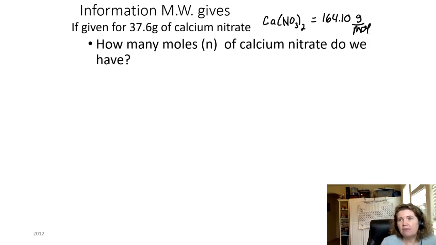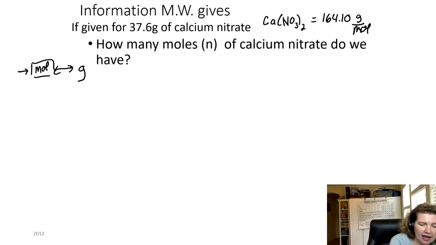So first, how many moles do I have? I'm going to look at my mole bridge. The concept is that my mole is in the middle, a bridge between my grams and my formula units of calcium nitrate. So that's my relationship. My measurement is 37.6 grams of calcium nitrate.